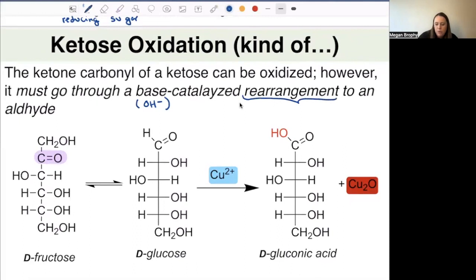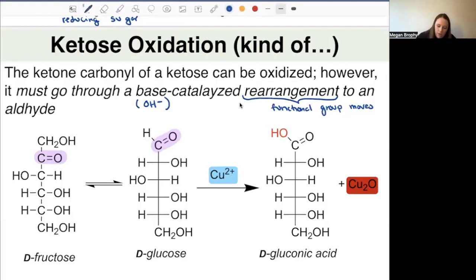But when atoms rearrange, what it can mean is that a functional group moves. And in this particular case, the carbonyl that's on C2 of fructose can rearrange or migrate to C1.